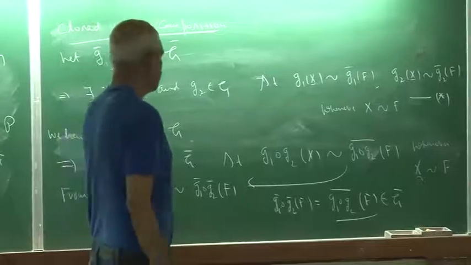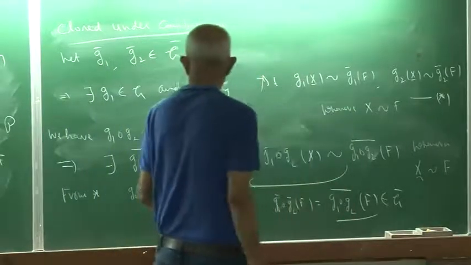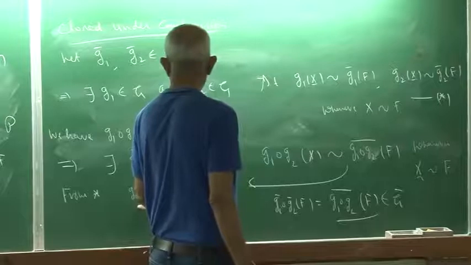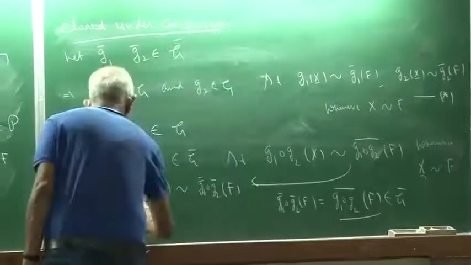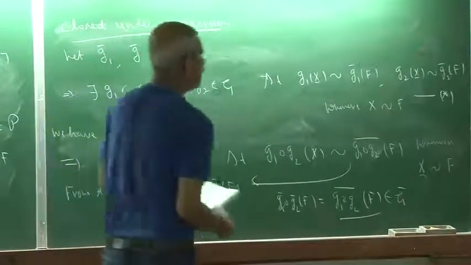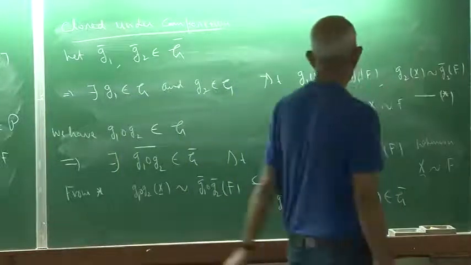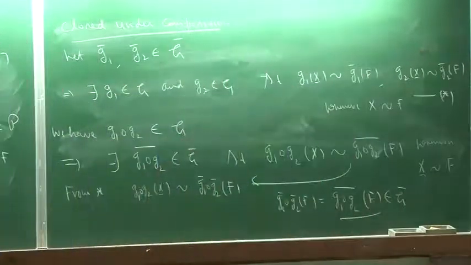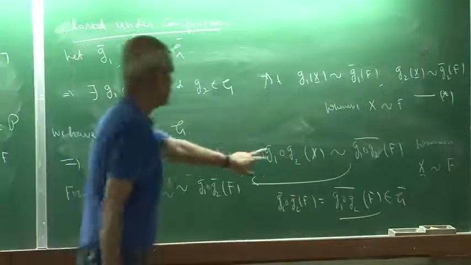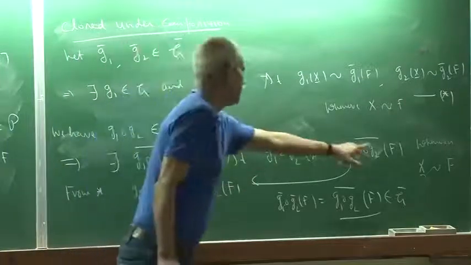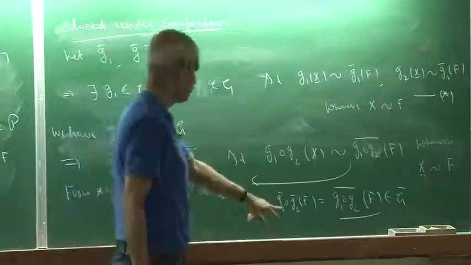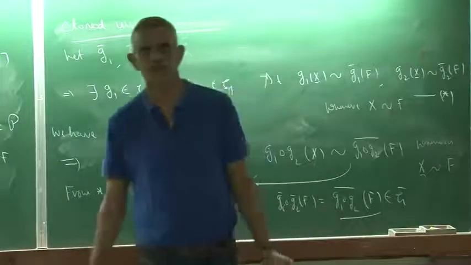And then from star, I could say that G1 composition G2, X would have G bar 1 composition G bar 2 f. So that means this and this would be the same. So that is what is coming out to be over here.